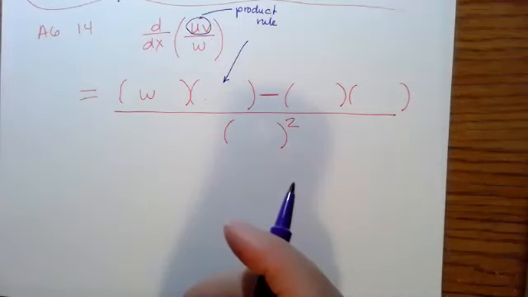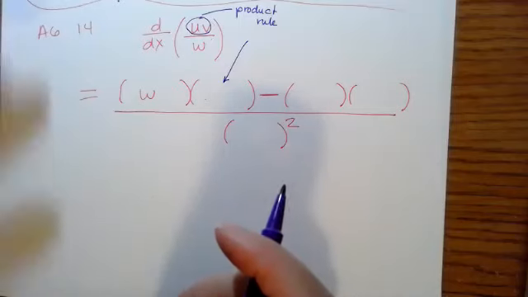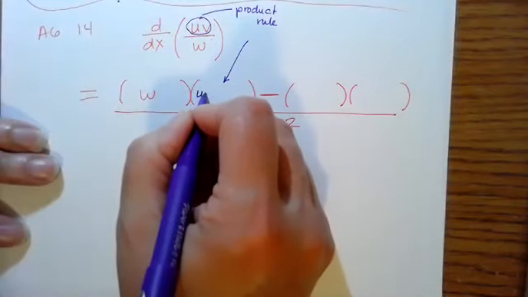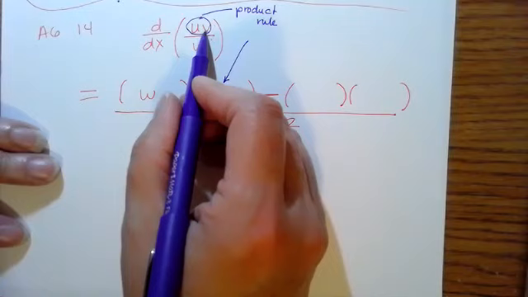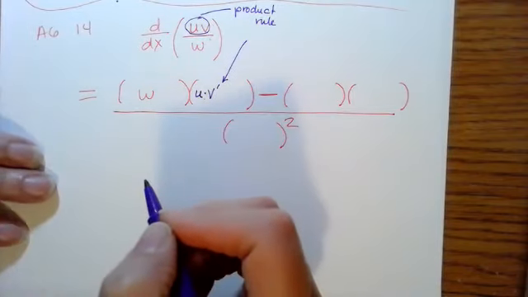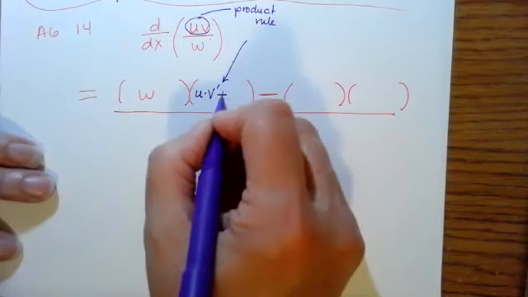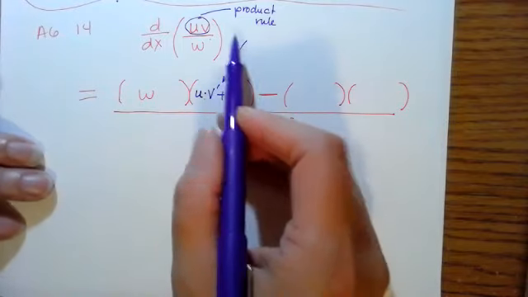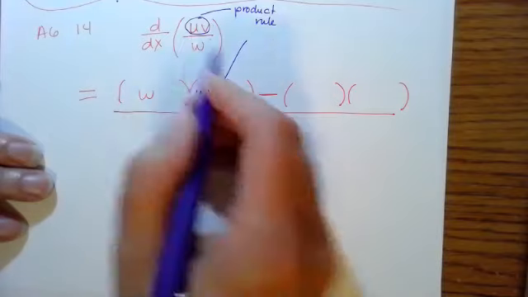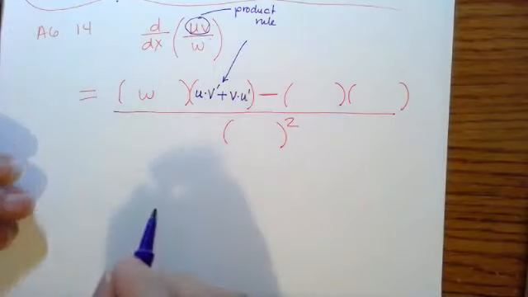What's after that? Second times derivative of first. You got it. And we're going to add those together. So first is u. Derivative of second is v, so that'll be v prime. Then plus, let's switch it around. Now v times the derivative of u, u prime, right.